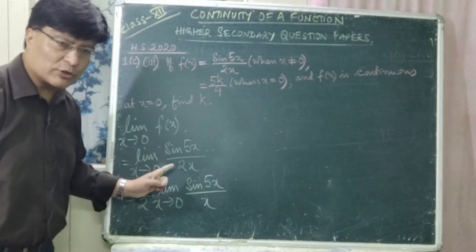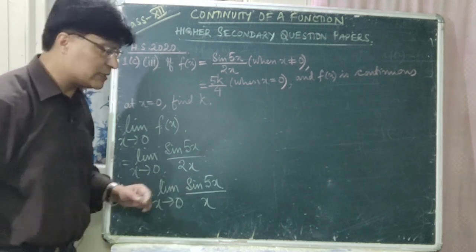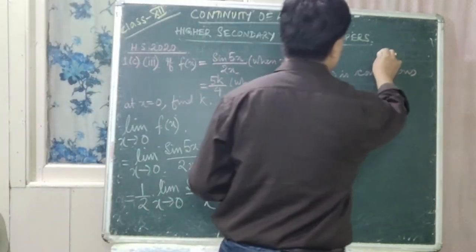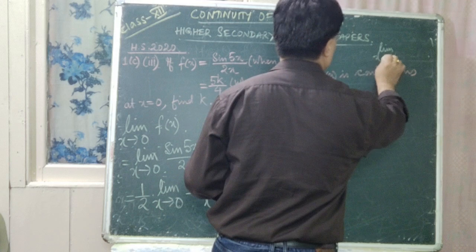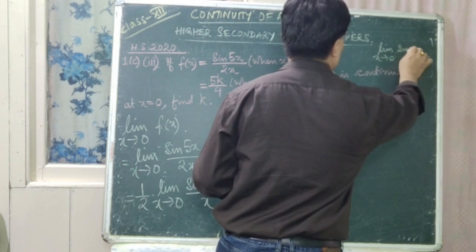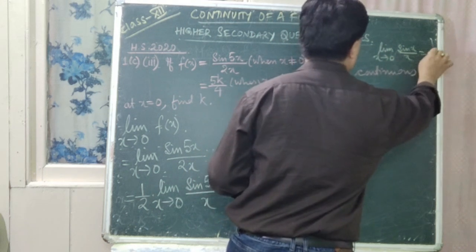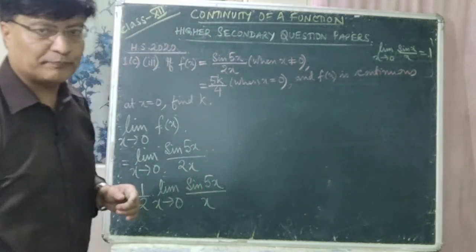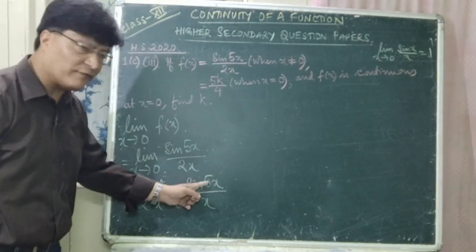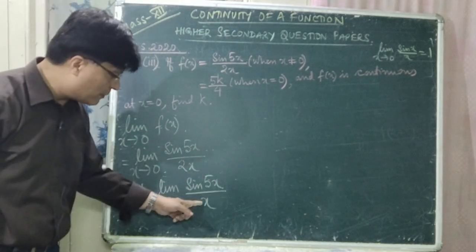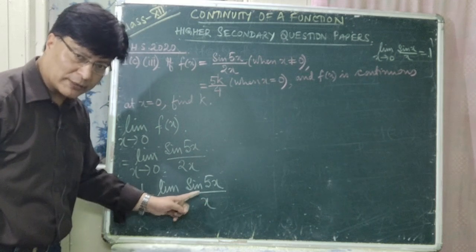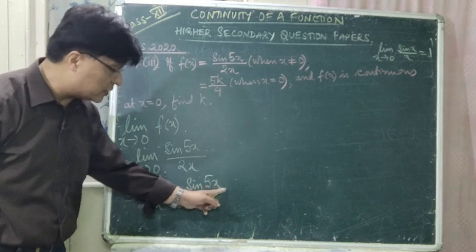But you should convert it into the standard limit form. You know the standard limit, limit x tends to 0 sine x by x, which is always 1. But instead of x, what is there? 5x. So you should multiply this x by 5. But that 5 should be cancelled, so you should write here into 5.